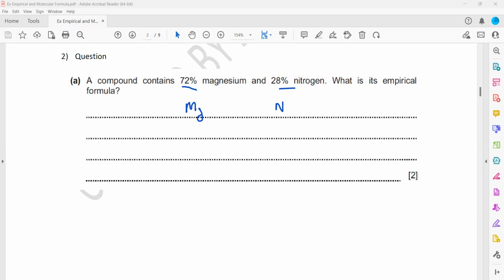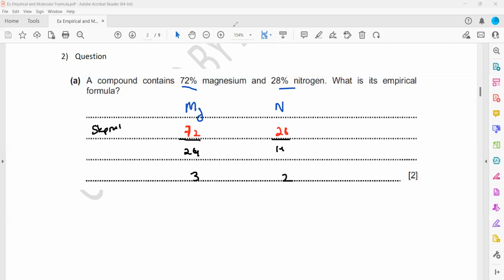So we have magnesium 72 and nitrogen 28. We divide by atomic mass: magnesium is divided by 24 and nitrogen is divided by 14. That is step number 1. So this will be 3, and this will be 2.